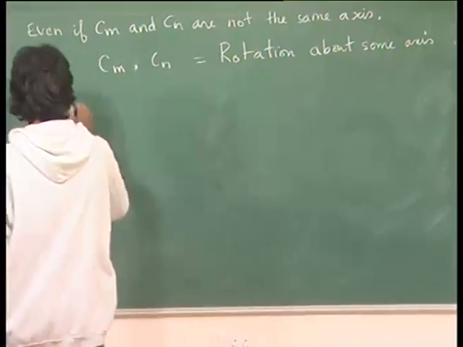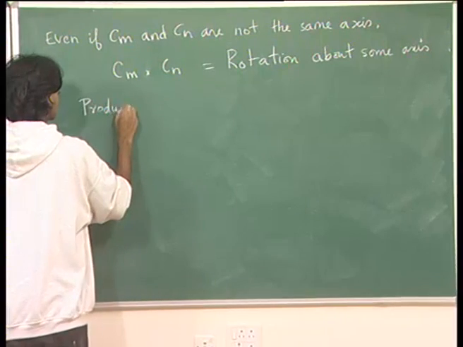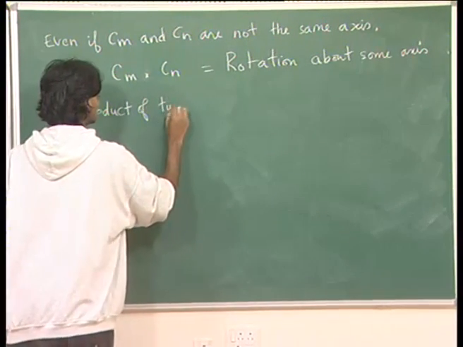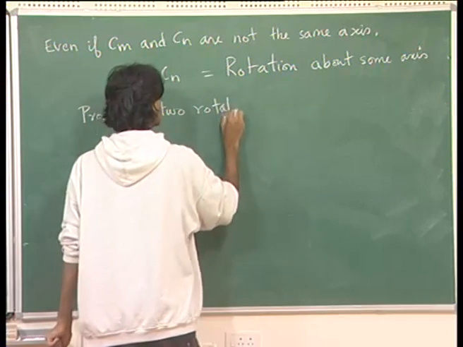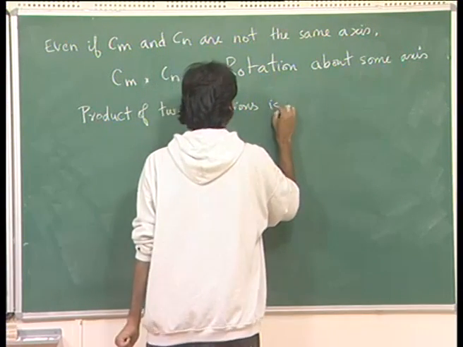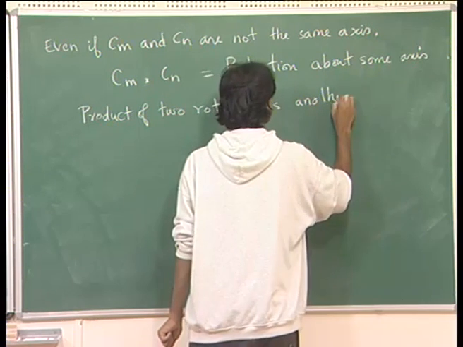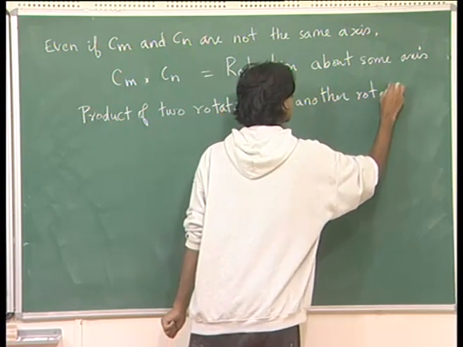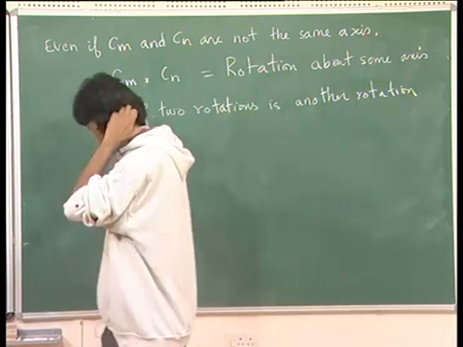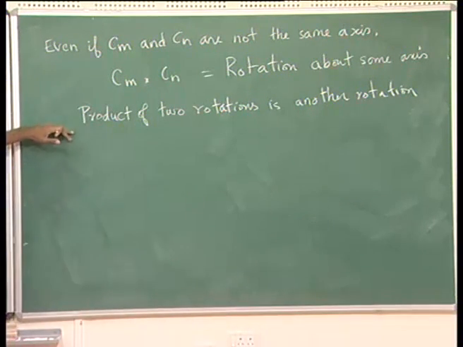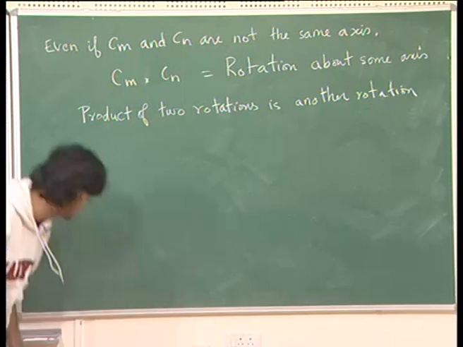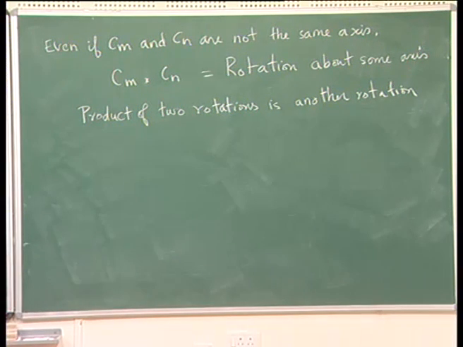In other words, the product of two rotations is another rotation. I must emphasize that I have not proved this. But you can go ahead and actually show that this is the case. The proof is rather lengthy, but it's not too hard.